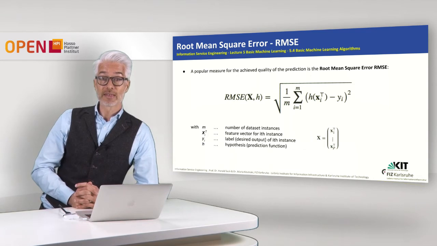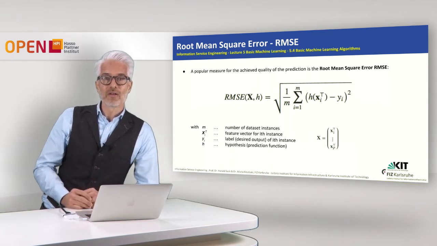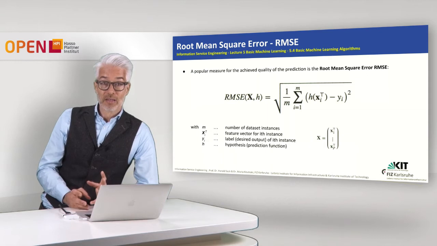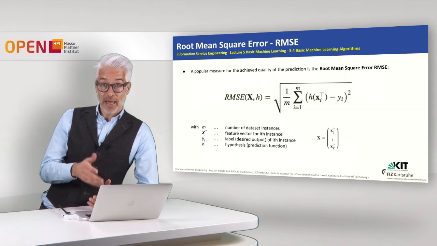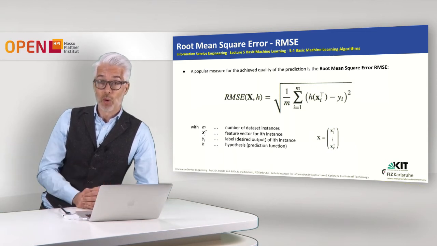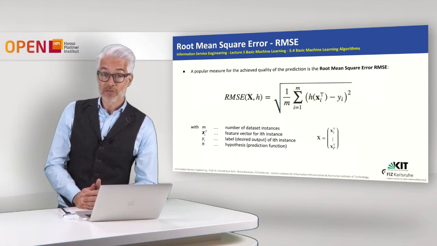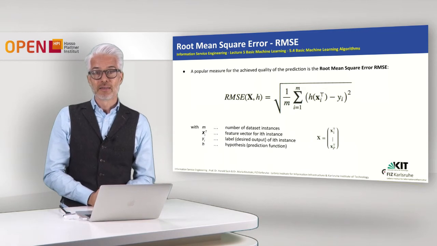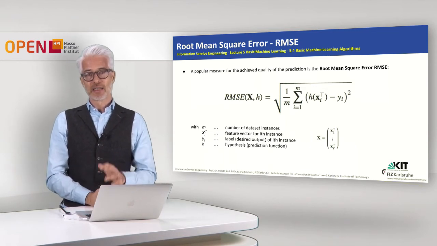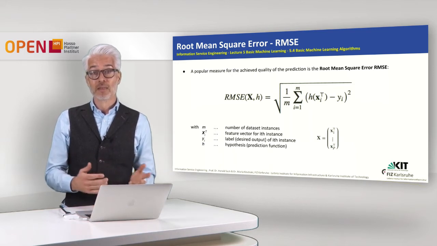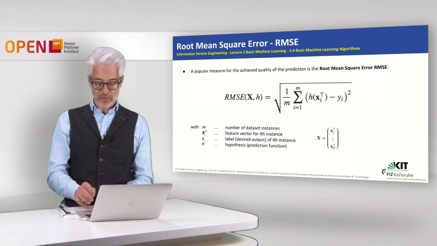And this is nothing else than this: you look over all of your dataset instances, and what you do here is compare the value of your hypothesis, H, with the value of the expected output, which is Y here. You take the square of it and sum it up, M times. Let's say you have overall M instances in your dataset, and then of course you divide it by M to normalize it, and then you take the square root over it. And this is the root mean square error that we are looking at.